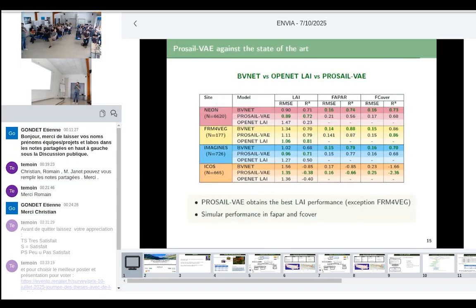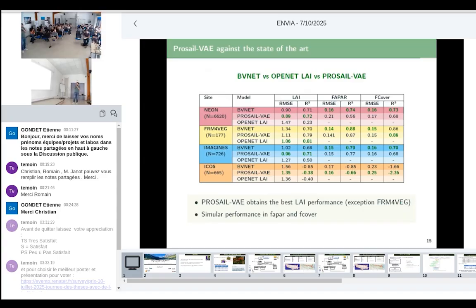We also did several validations against ground truth of the LAI, FAPAR, and FCover with different state-of-the-art models like BVNet and OpenET. BVNet is a neural network that is trained on PROSAIL simulations and estimates the LAI, FAPAR, and FCover. OpenET is a random forest model which is trained on Landsat 8 data and MODIS LAI.